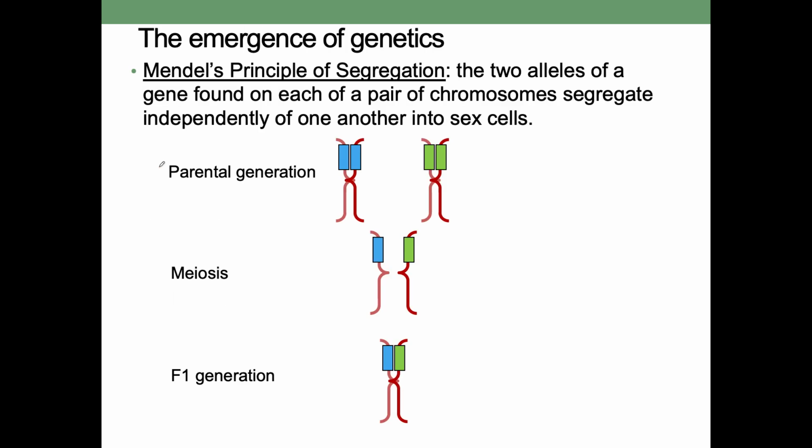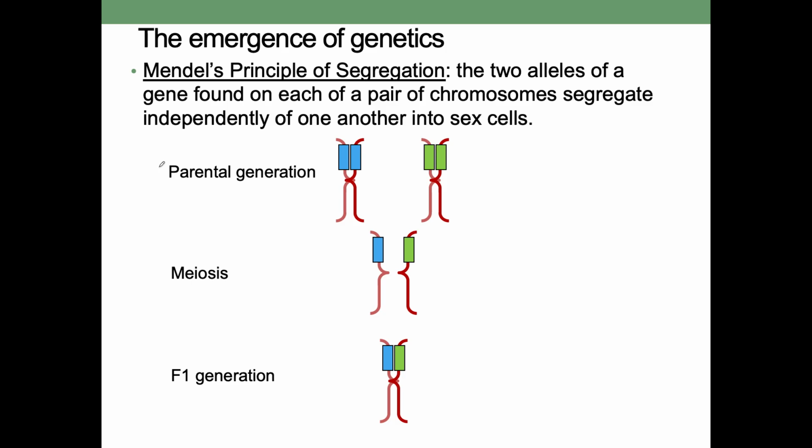Okay, so from Mendel's work on pea plants, he figured out that there were these factors that were passed on from generation to generation. He didn't know that the factors were genes at a particular locus on the chromosomes that we inherit from our biological parents.